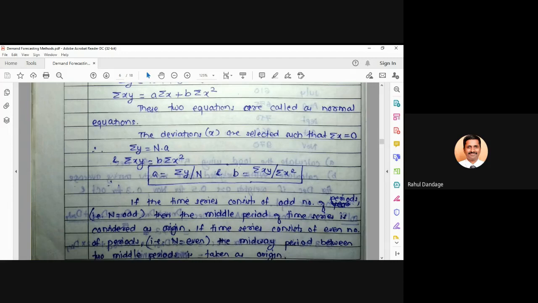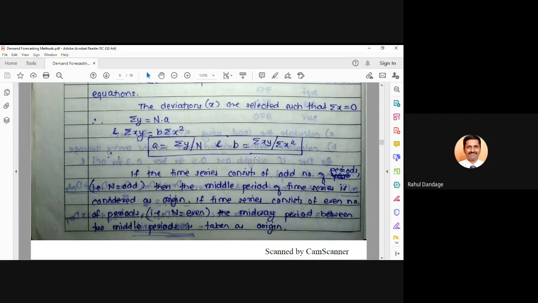Now, two types of problems can be under consideration for the least square method. One is where the data is available for a number of periods, and the number of periods is odd, or in certain cases even.